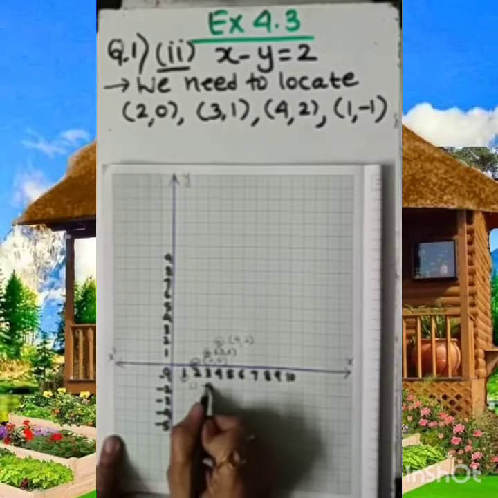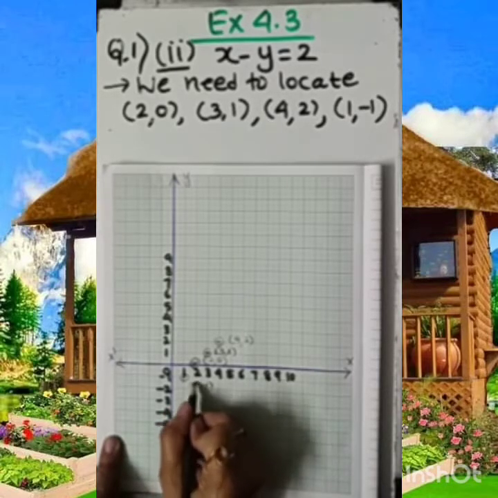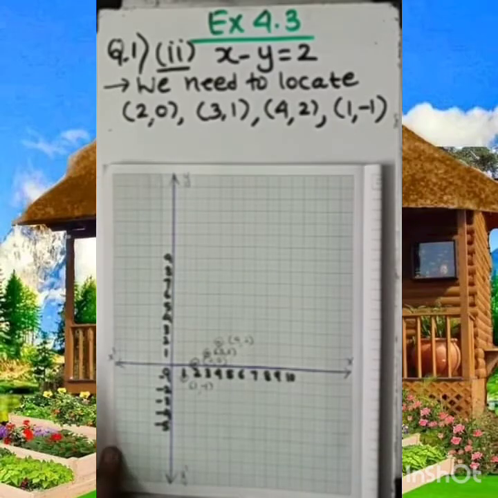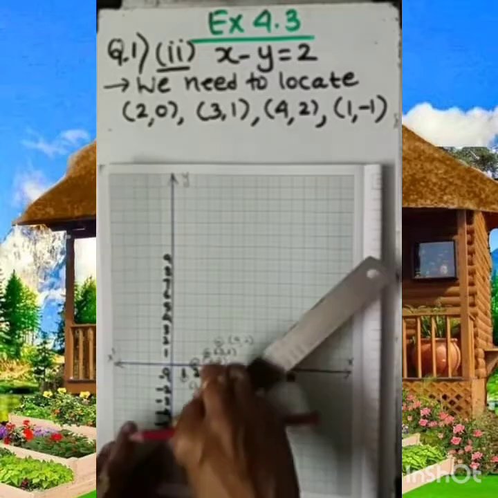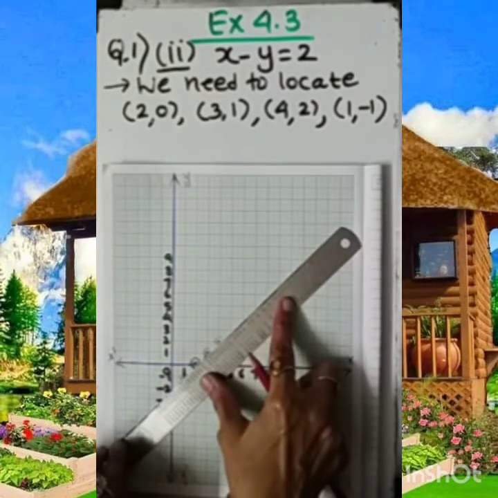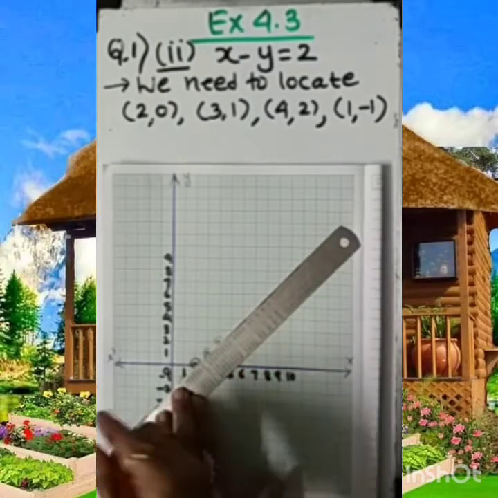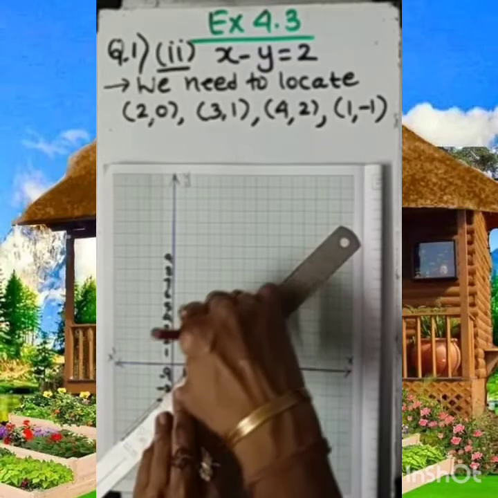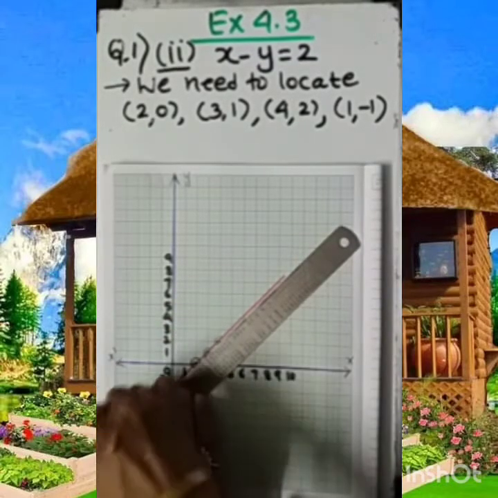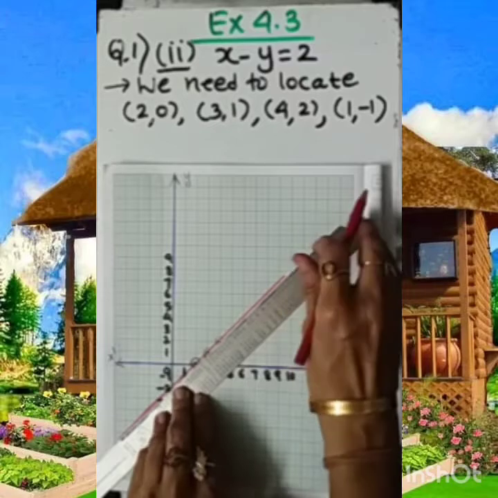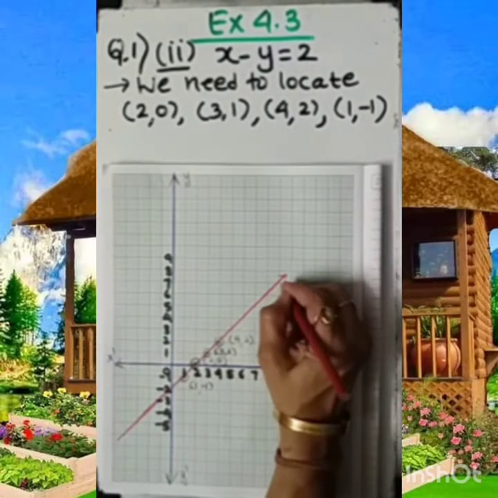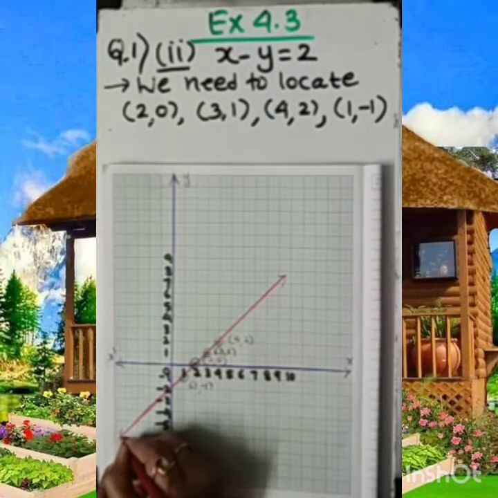So my dear student, you can observe all these 4 points lie on the same line. So let me join all these points and draw one straight line joining all the points. And dear student, this line is of what? Which equation?